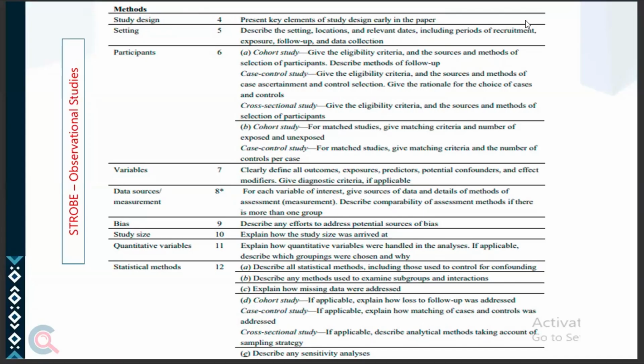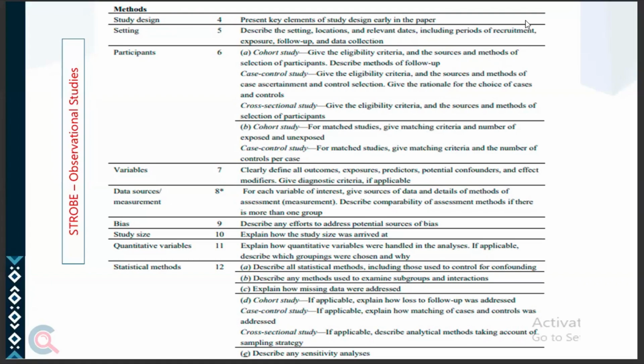selection of the participants. We also have to note that for cohort studies where matching is done, criteria should be given for the matching and the number of exposed and unexposed participants that were matched, as well as case control studies.